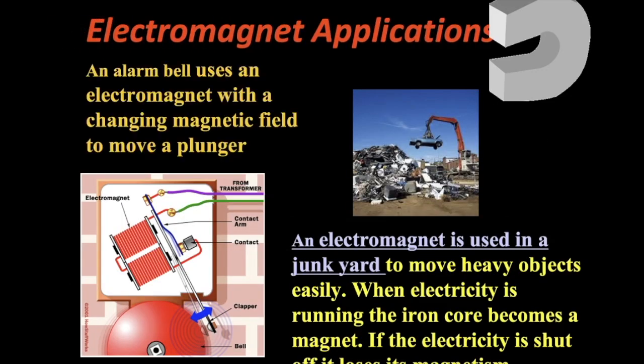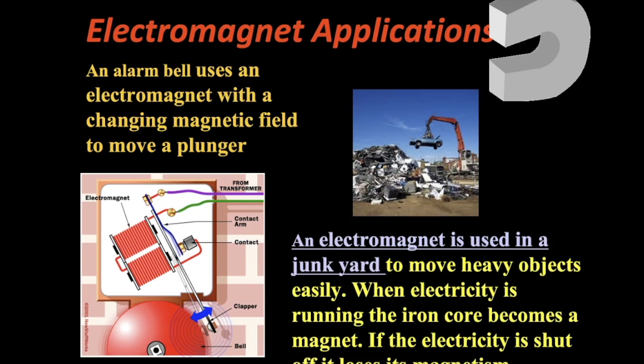So, electromagnet applications. An alarm bell uses an electromagnet with a changing magnetic field to move the plunger. So when you hear the bell at school, when we were inside the school building, that was a form of electromagnet. Also, one you may be more familiar with is the electromagnet used at the junkyard.